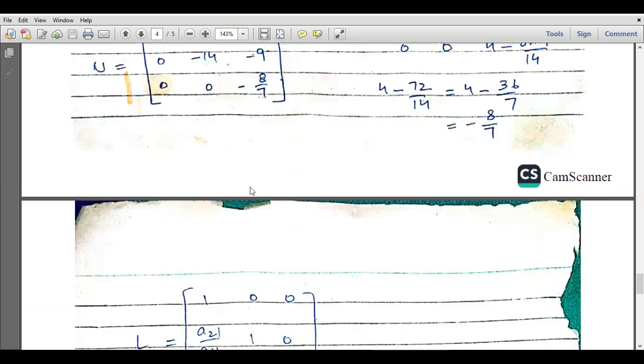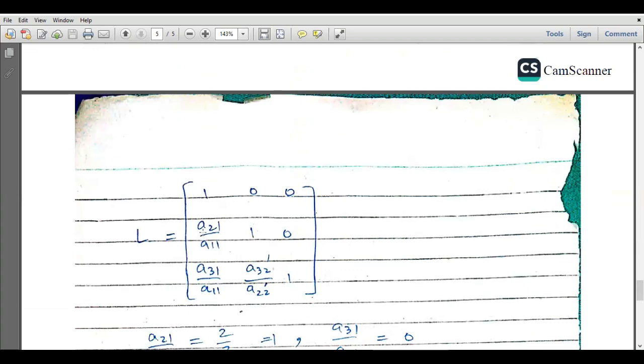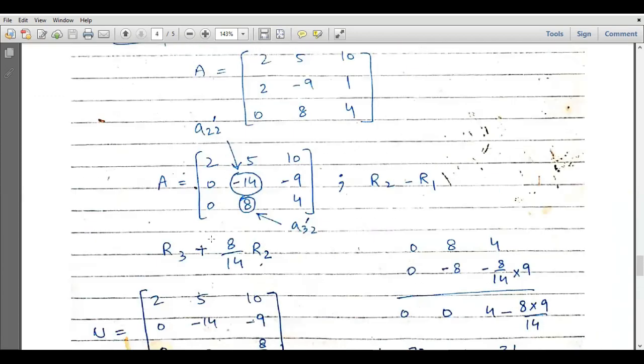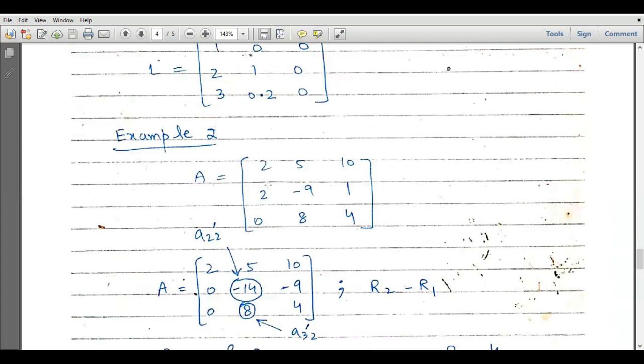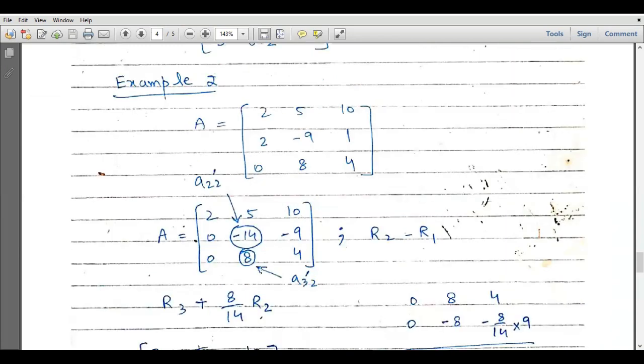Now let's evaluate the lower triangular matrix and it is written in a straightforward way over here. This is A21 over A11 and A21 over A11 is equal to 1. So this entry is equal to 1. This entry A31 over A11 will be equal to 0 and this will be equal to A32 dash divided by A22 dash. This is our A32 dash, this is our A22 dash.